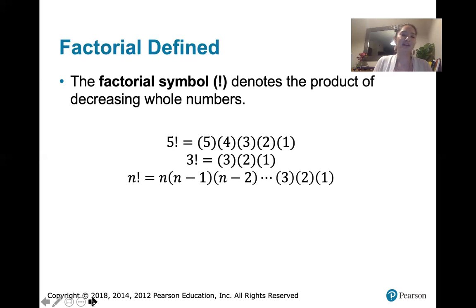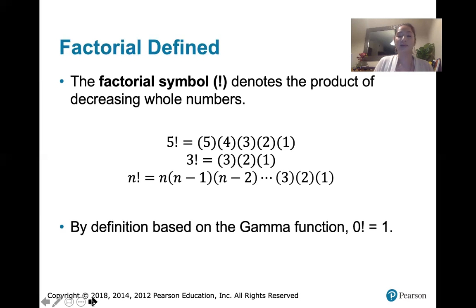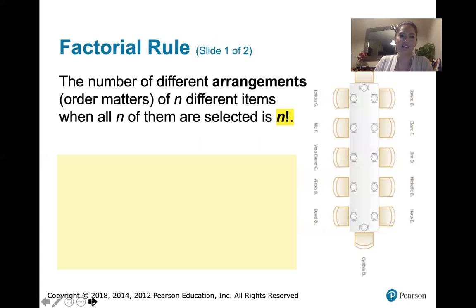And by definition, 0 factorial is equal to 1. It's based on something called the gamma function. If you decide to take calculus, you'll learn a little bit about the gamma function. It's actually covered in the calculus book, but not often covered in calculus classes. But that's what 0 factorial is based on. And all of this is related to the factorial rule, which is discussed on the next slide.